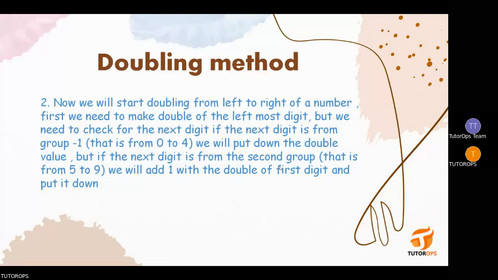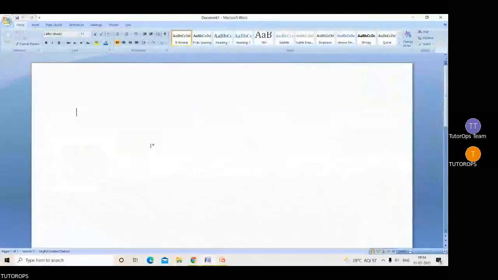Now I am taking an example. Say I have been asked to double this number 3, 4, 5, 6. So I will start from 3, that is the leftmost number. So double of 3 is 6. But I need to check the second digit. The second digit is from group 1, so nothing to add. I am putting down the 6.